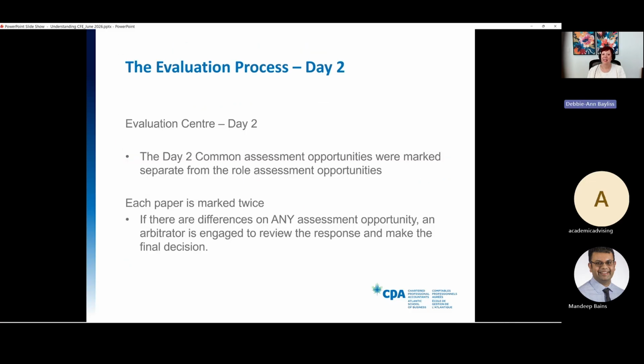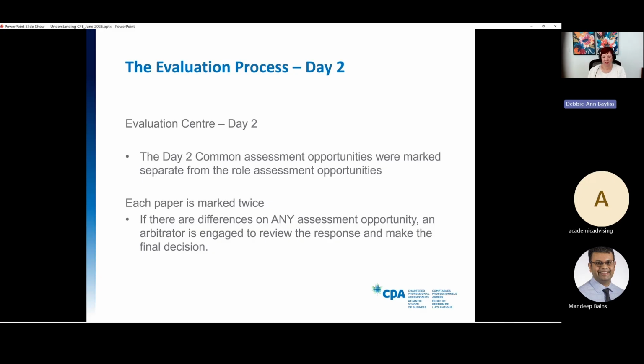So when it comes to day two, the day two assessment opportunities are the common ones. So those are the ones for financial reporting and management accounting. They're marked separately from the role specific assessment opportunities. And again, to clarify, for your role, you'll either choose performance management, finance, audit insurance, or tax.